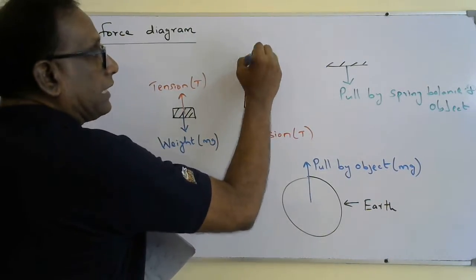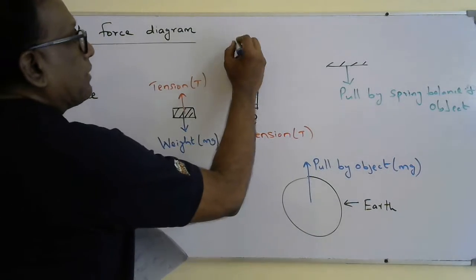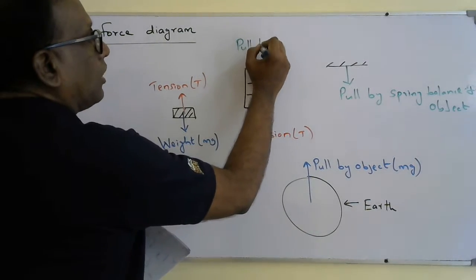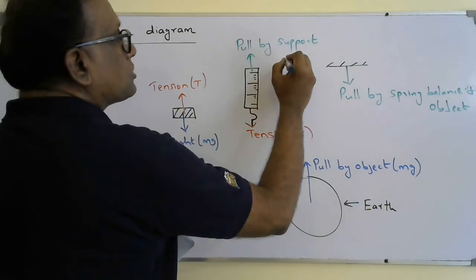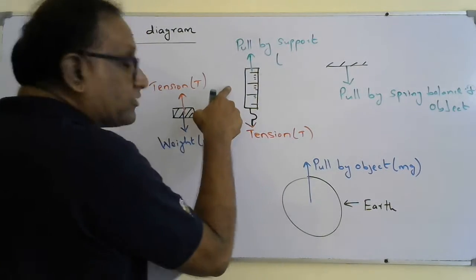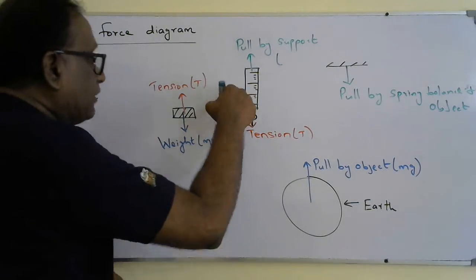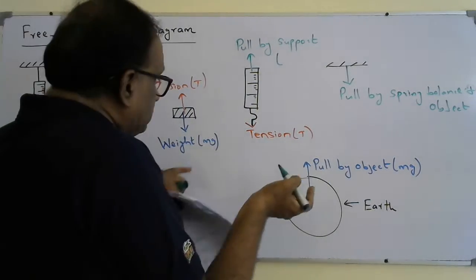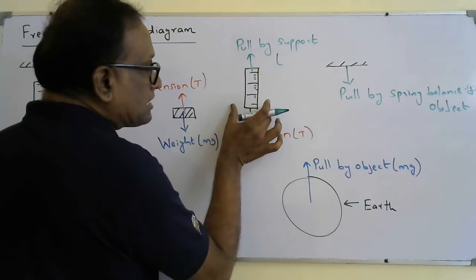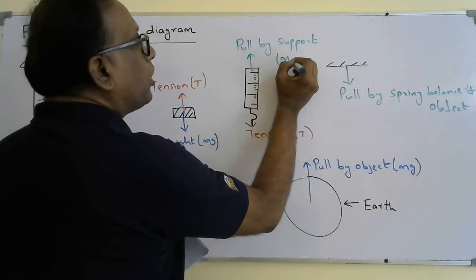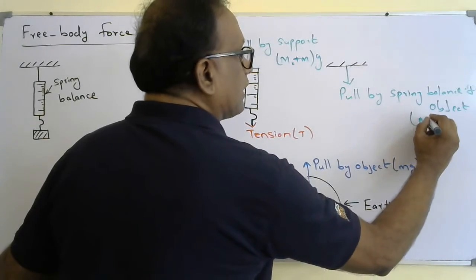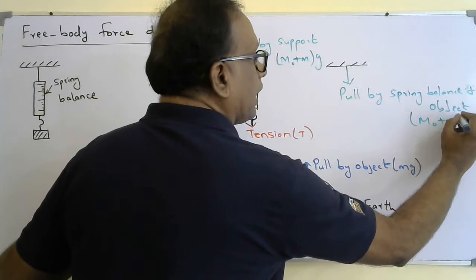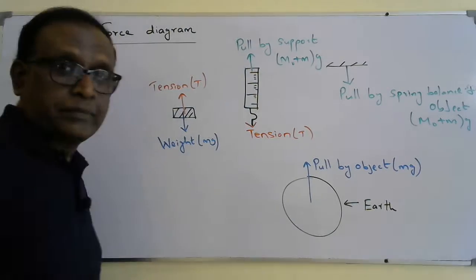The object will keep the spring balance, like I can say pulled by support or roof. So this force, if I say weight of the spring balance plus weight of the attached object, if the weight of the spring balance is m naught, this is also m naught plus mg, where m naught is the weight of the spring balance.